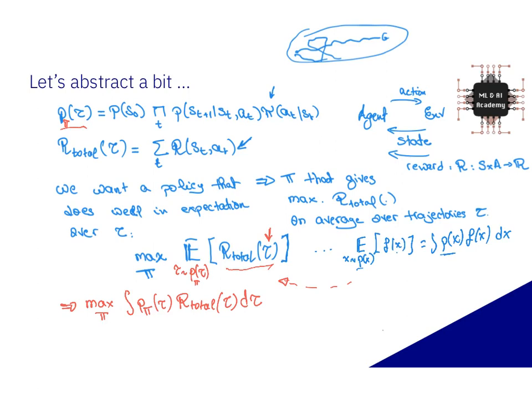So there's a density for the trajectory, and that density is multiplied by the function. So in other words, the integral of p of x f of x was the expectation over x sampled from p of x of f of x. Similarly here, the expectation of tau sampled from P pi of tau of R total is nothing but the integral over P pi of tau, R total, d tau.